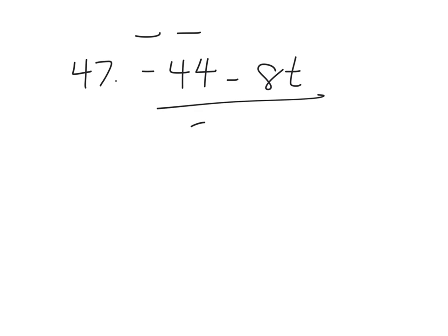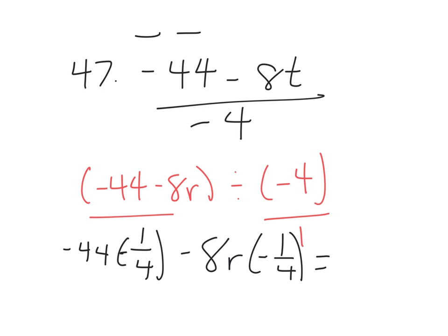Now, another thing to remember is your doubles that end up turning something into a positive. If you look at number 47, that's negative 44 minus 8t divided by negative 4. In this case we do the same thing. I rewrite the equation as an expression, get the reciprocal and multiply that out.